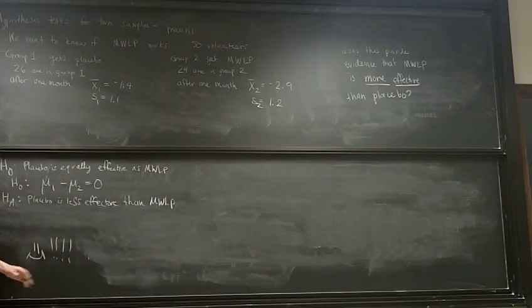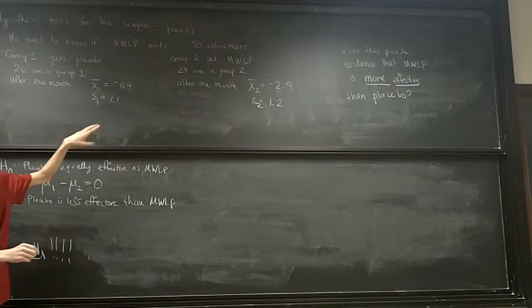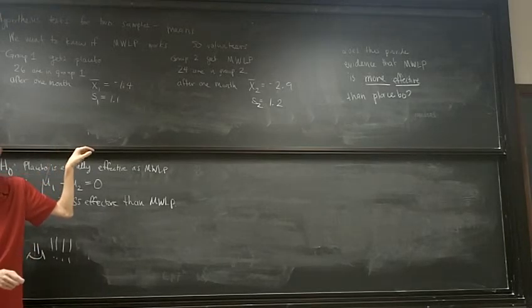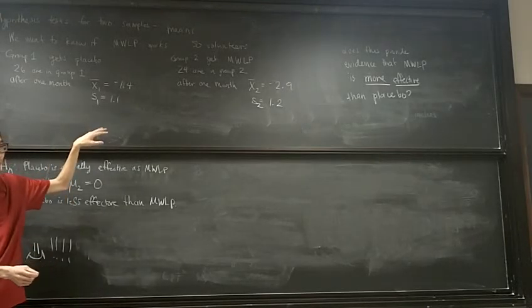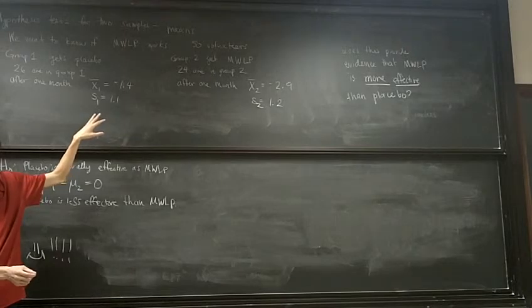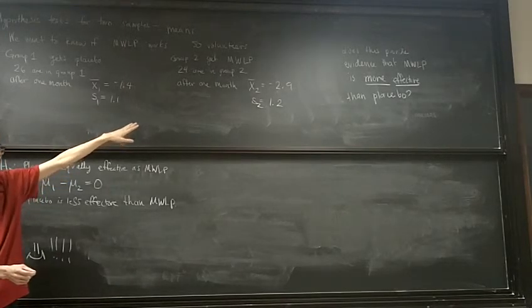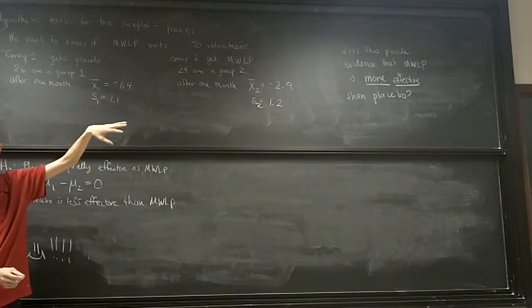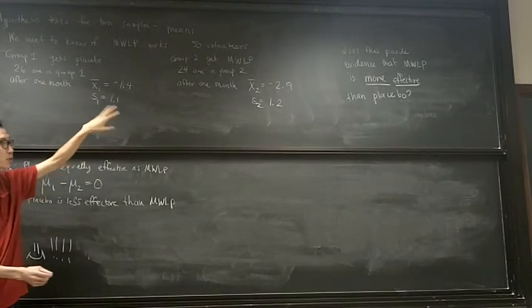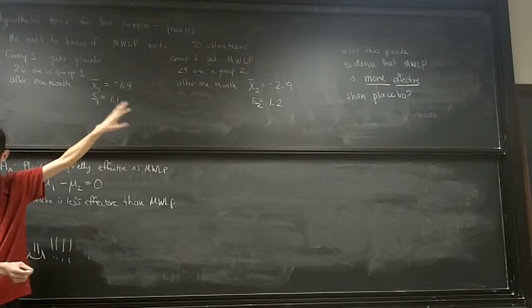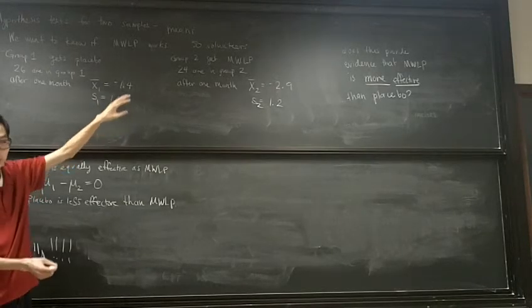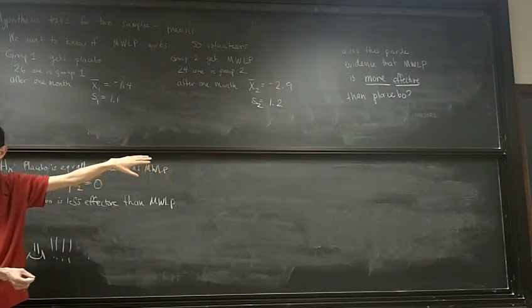Now, this is where you have to think, and things get a little bit tricky, okay? Weight loss is a negative number, right? So, if the placebo is less effective than the miracle weight loss pill, the difference in the weight lost, if I do placebo minus weight loss pill, should that be greater than 0 or less than 0?